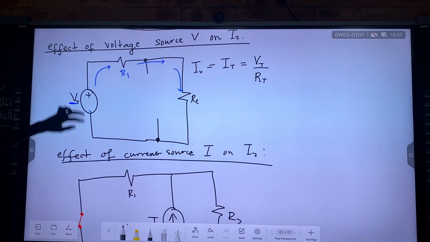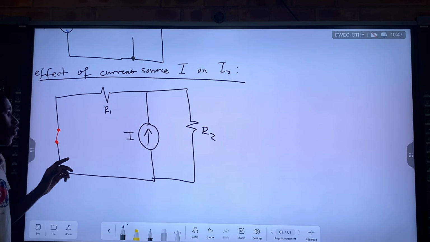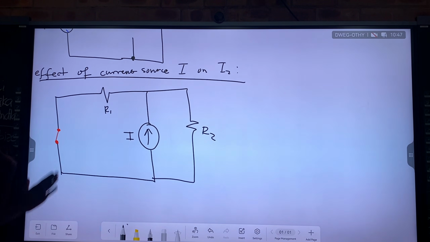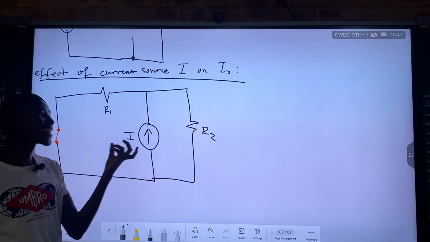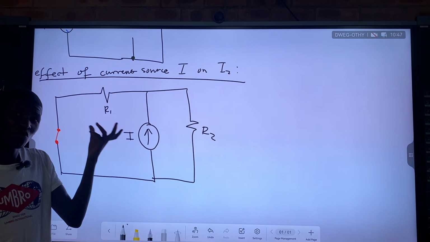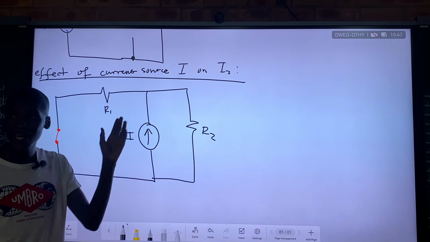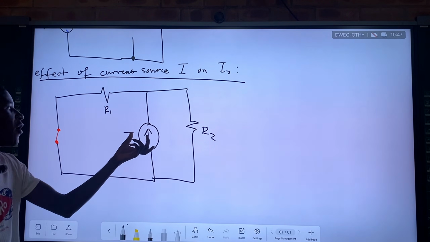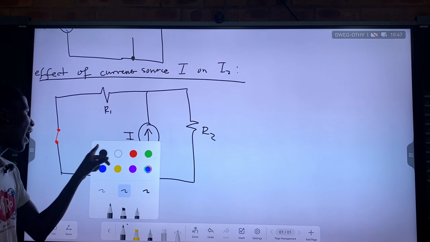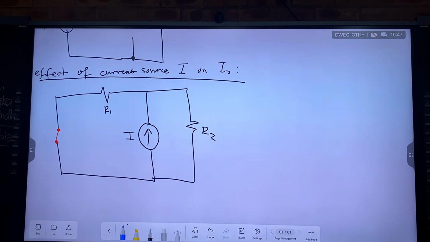All right. So at this point, we can say we don't have any voltage source. Forget what is there. The only current source that we have is this current source I alone. There is no other current source. So at this point, with the current source I alone, how do we then analyze the current through I?